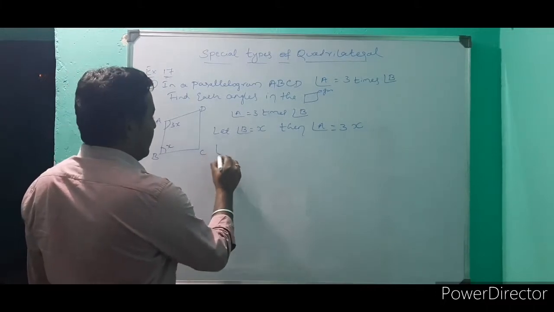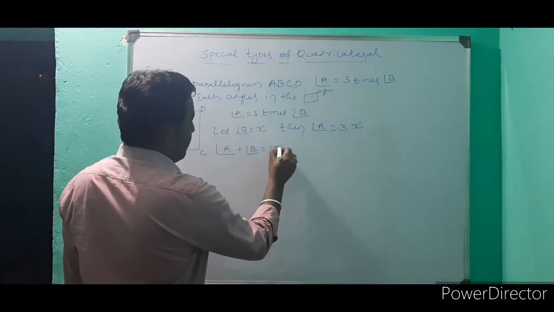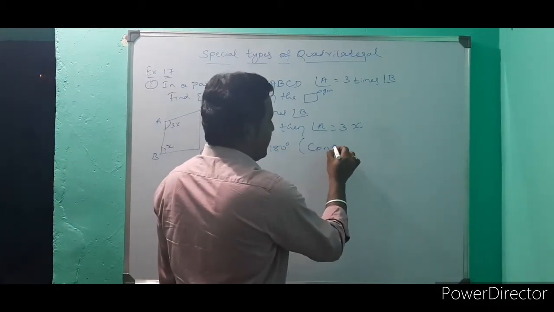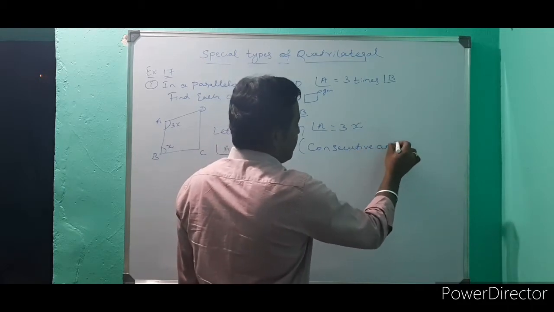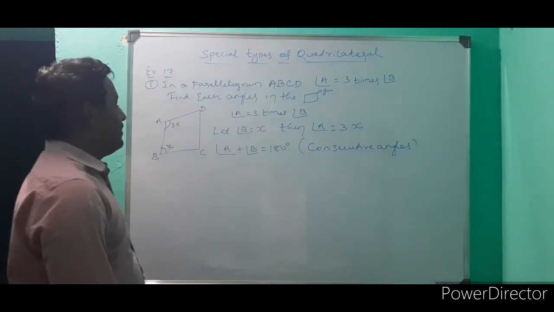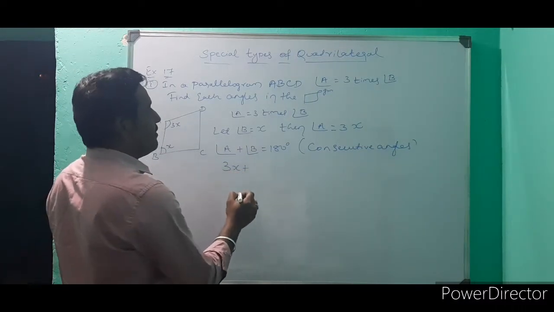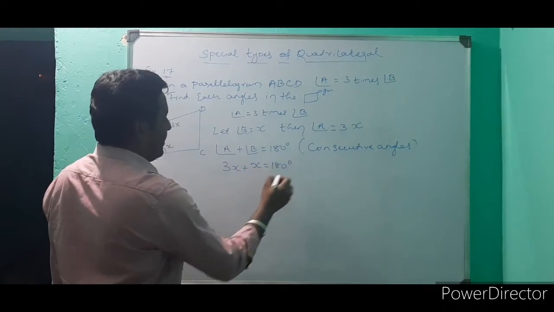We know that angle A plus angle B, if you add both the angles, what type of angles? Consecutive angles. So angle A is 3x plus angle B is x, equal to 180 degrees.